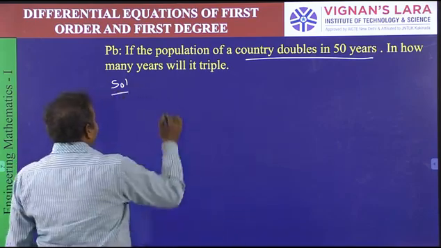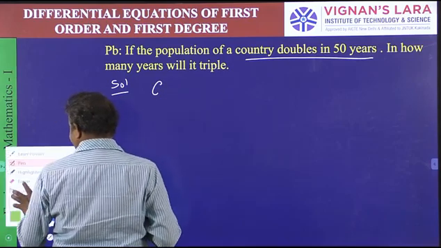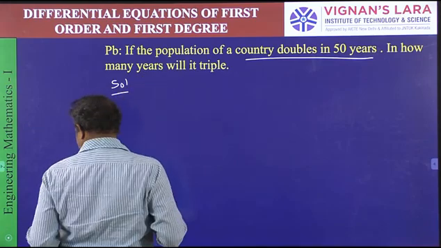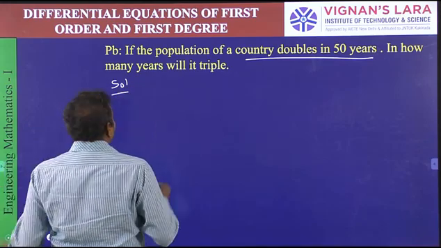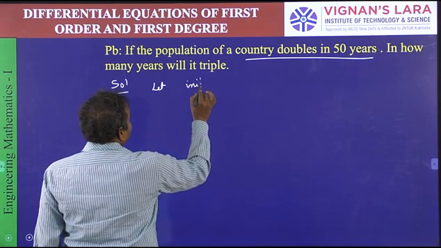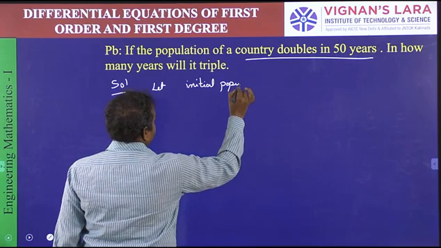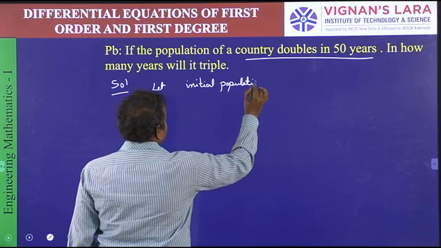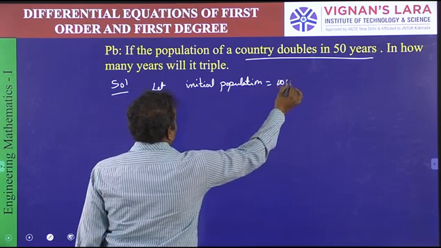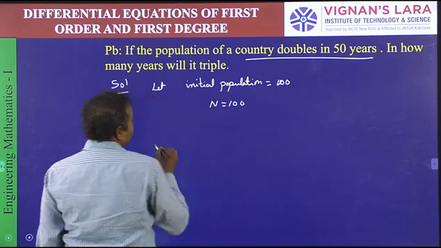Here also he does not mention the quantity of the value. So, for example, I am taking the initial population to be 100.